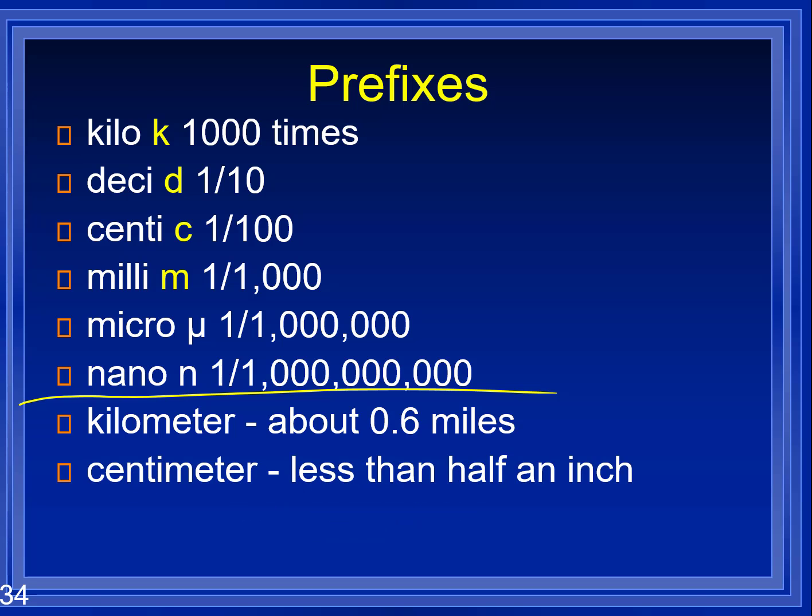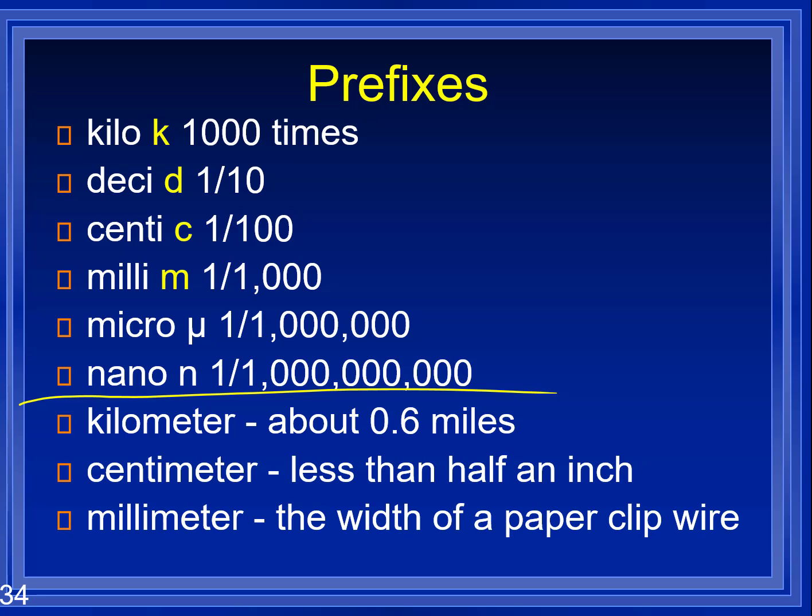Centimeter. The individual numbers cut up on here, those are centimeters. There'd be 100 of them. If I cut this into 100 pieces, each one would be a little bit smaller than half an inch. They use centimeters the way we use inches. Millimeter. A millimeter would be the individual lines on here, and that's about the width of a wire on a paperclip.